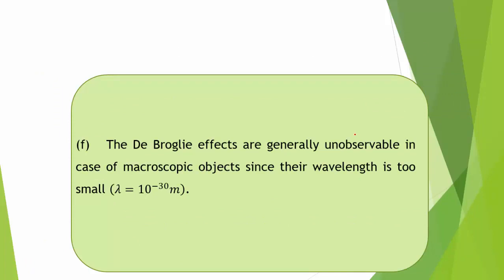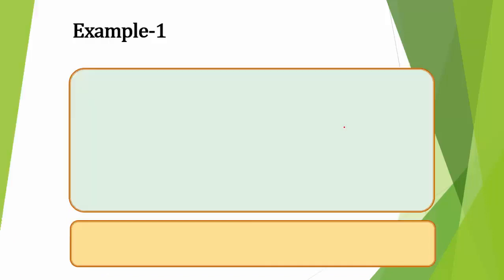De Broglie effects are generally unobservable in case of macroscopic objects, because de Broglie effects are a microscopic phenomenon. Since their wavelength is too small, of the order of lambda is equal to 10 to the power of minus 30 meter.